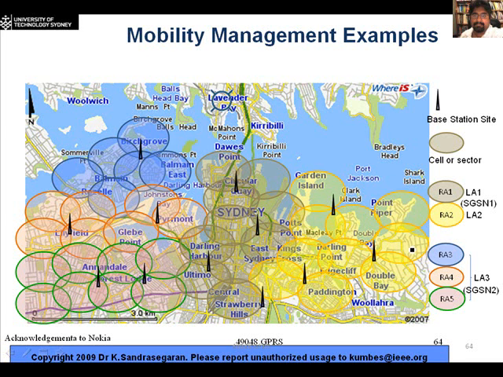So this is what you do in network planning: you take all of the cells that you have in your network and say, okay, all of these cells will form one routing area and all of these cells will form a location area.